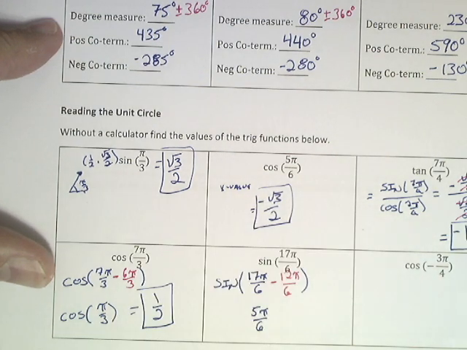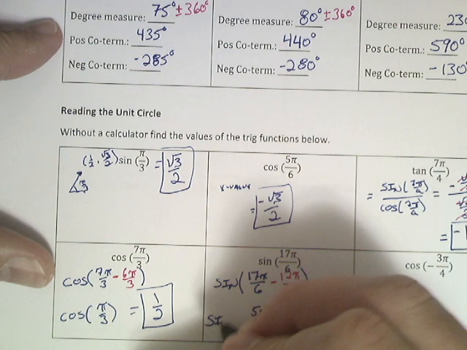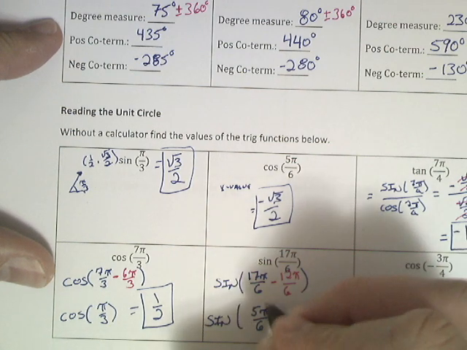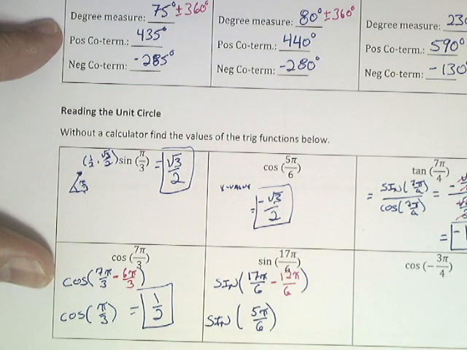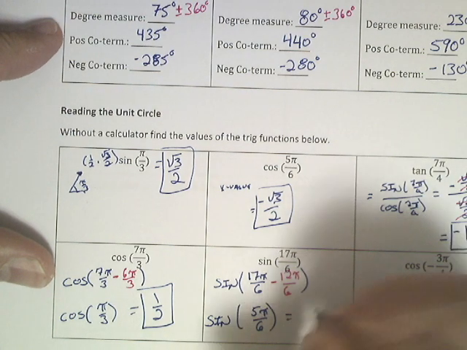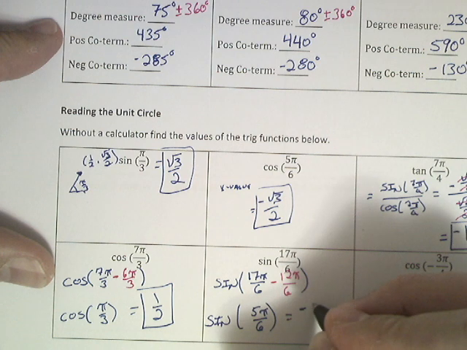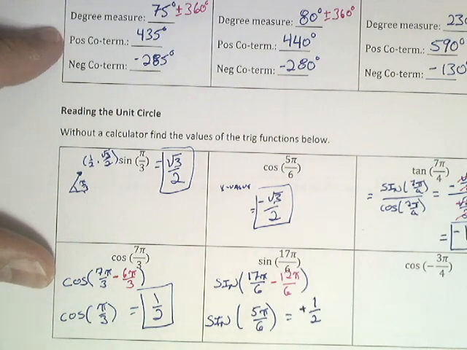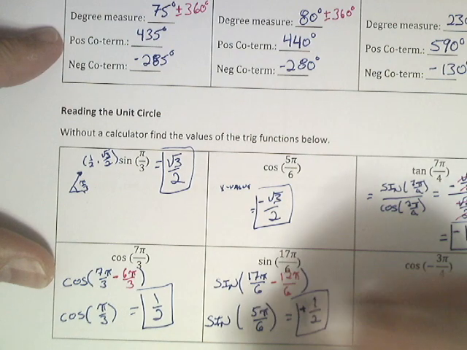So that would give us sine of 5 pi over 6. And if you look at our unit circle, that should end up being negative. Trying to imagine my unit circle real quick. Should be negative 1/2. Oh, negative 1/2. Positive 1/2. Sine is positive in quadrant 2. So it should be a positive 1/2.